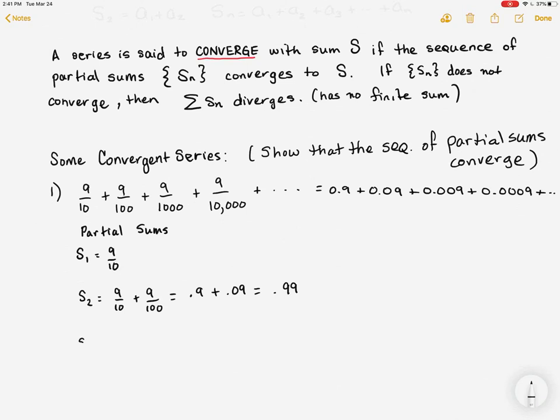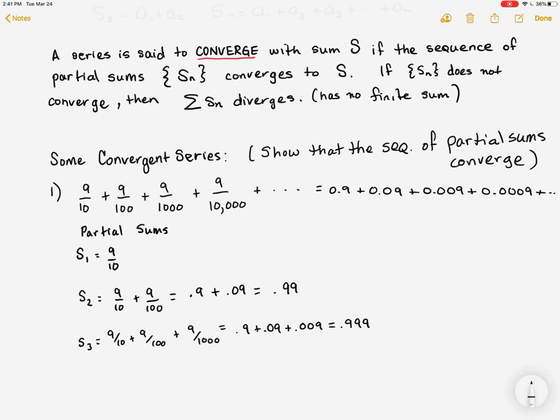The third partial sum is 9/10ths plus 9/100ths plus 9/1000ths, or 0.9 plus 0.09 plus 0.009, which is 0.999.